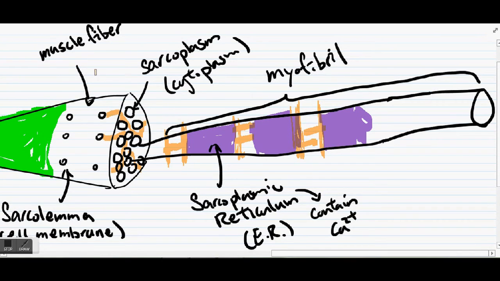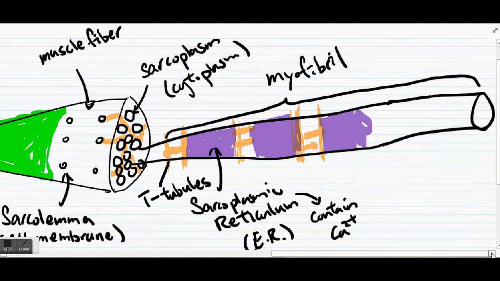And so these holes that are found throughout the surface of the cell membrane, if I go into one of these holes, it will actually take me right into these tubes, and the tubes are called T-tubules, which would then be connected to the sarcoplasmic reticulum.